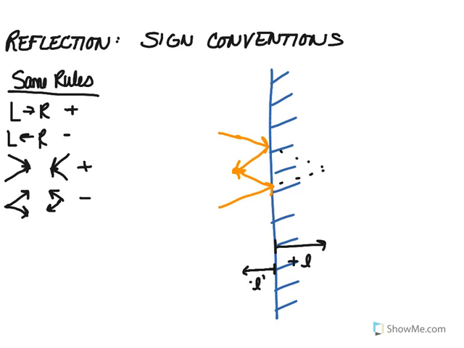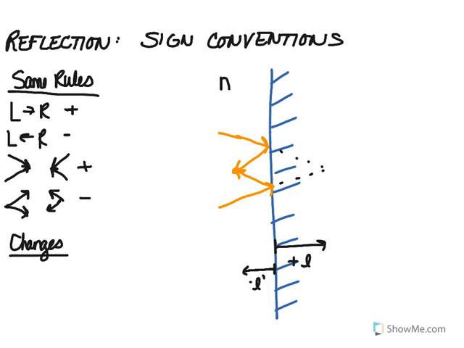Because of the fact that light changes direction when we're talking about reflection, there are some changes that we have to make to our sign conventions. So the object space for a reflecting surface, just like we're used to, we say has an index of refraction of n. And the reflected light is obviously still in that same medium.